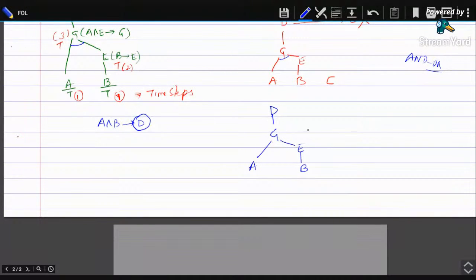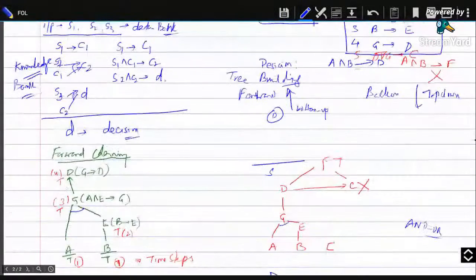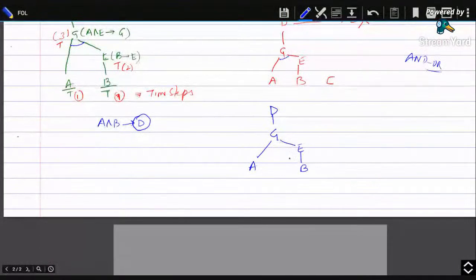Done. So we wanted D to be proved. We started from D and then started applying rule by rule, and went down, down, down, and finally we reached A and B, which are supposed to be the left hand side.